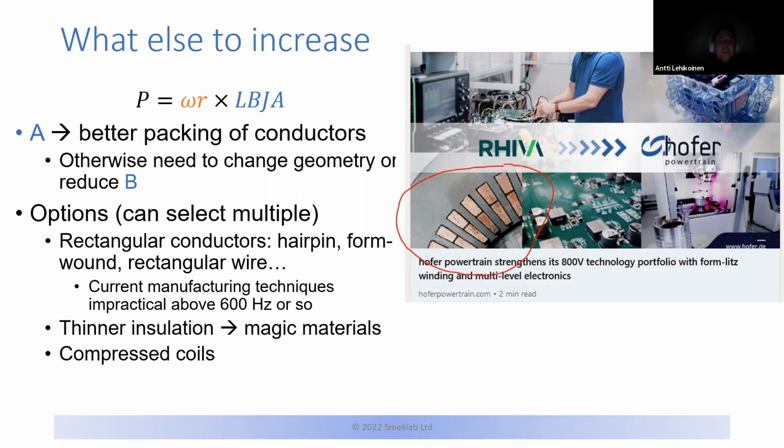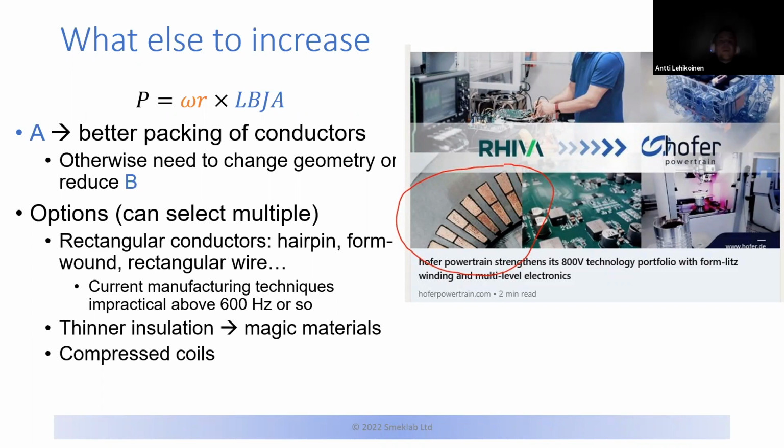The flip side is that when you go to higher frequencies, and like we saw earlier, to reach very high power densities, high speeds and high frequencies are often beneficial. Well, rectangular conductors can't really go very high, at least with the current manufacturing capabilities that are widely used now.